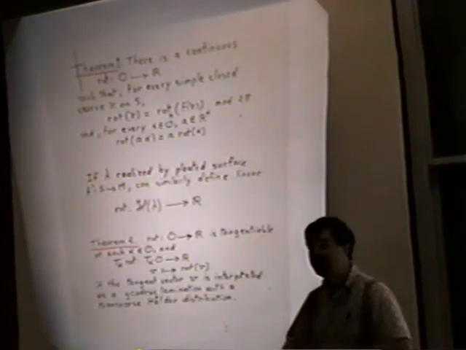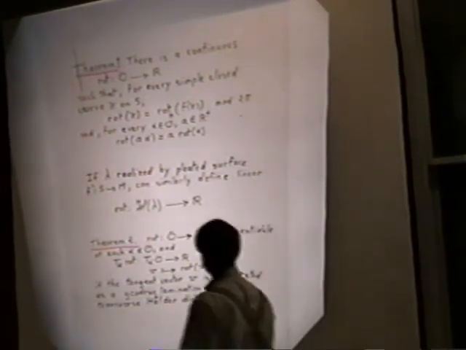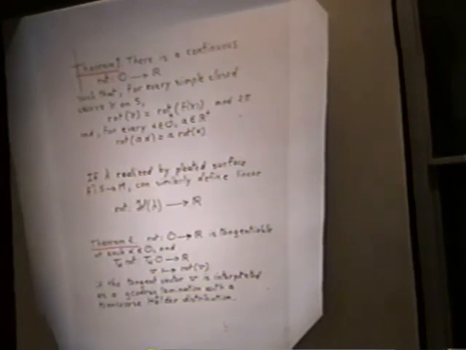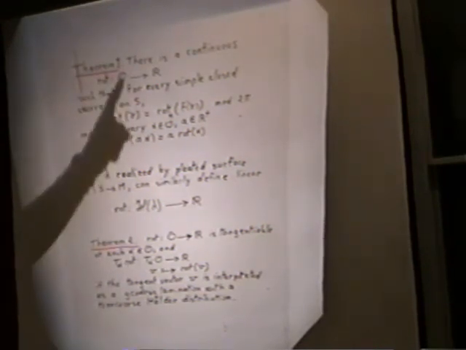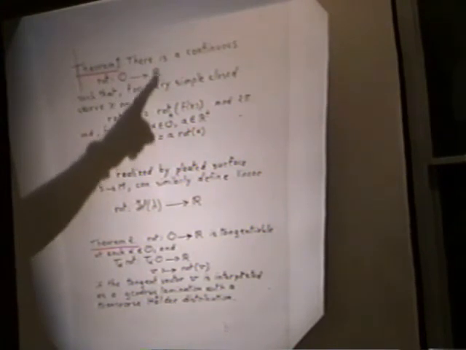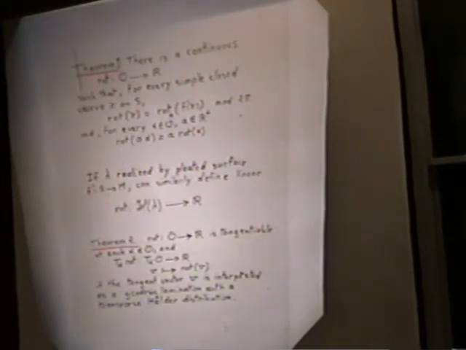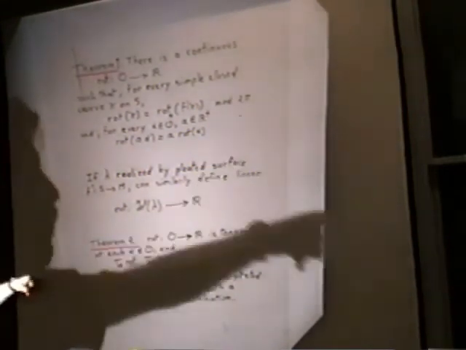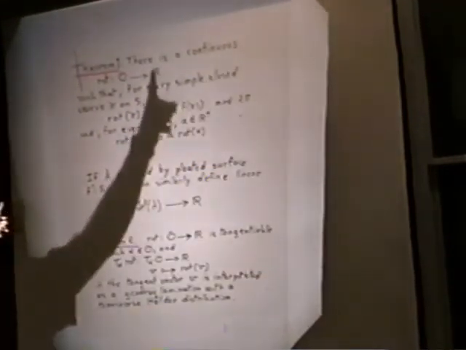Well, you can continuously extend it to the space of all measured laminations. That means that there is a continuous function rot, for rotation, from the space of realizable laminations into R, such that for every closed curve it agrees with the rotation number, except that there is a way where you can lift the mod 2 pi to R in a continuous way.